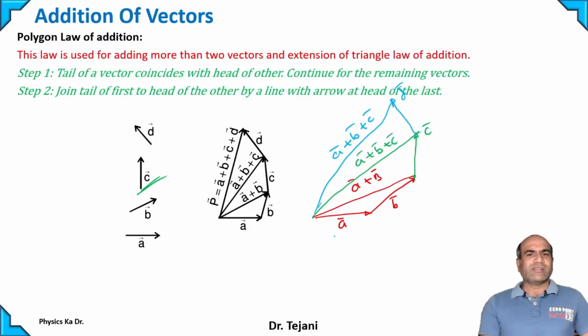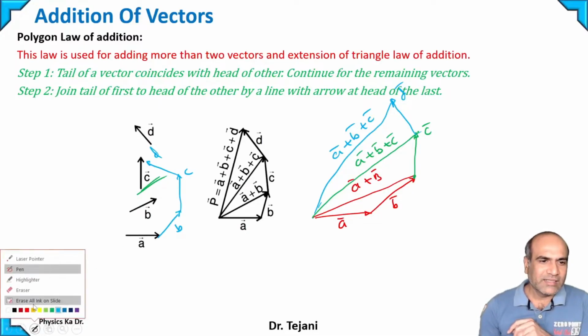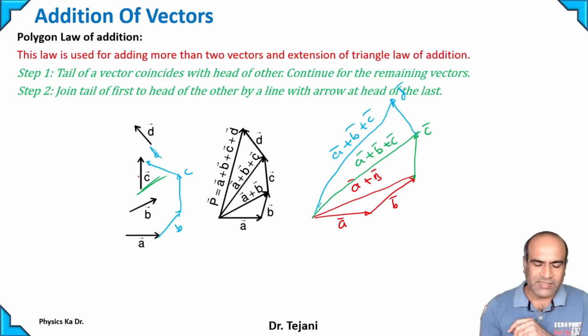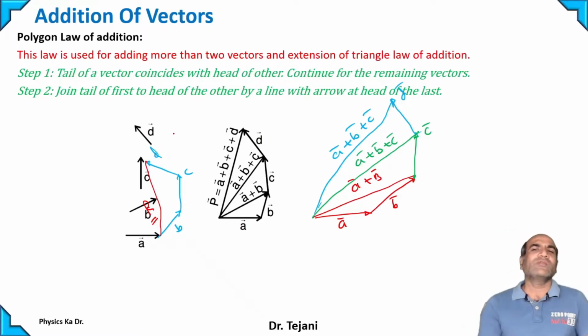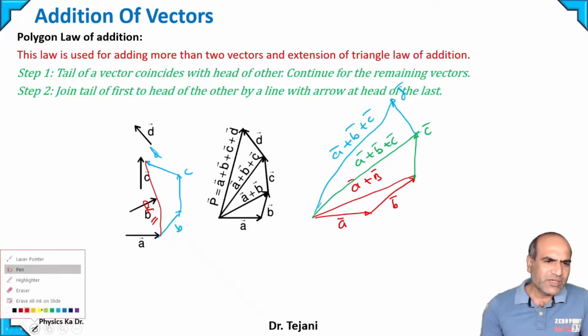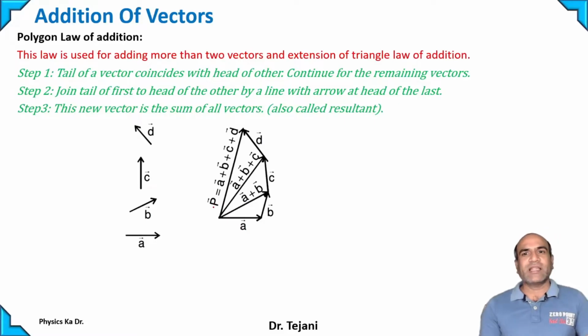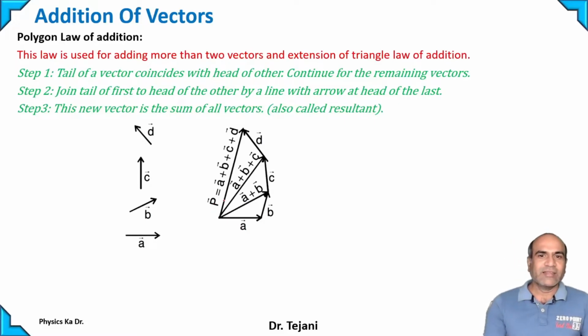You join A with B with C with D, and this last vector gives the final resultant of all the forces. Very simple. You should use the graphical method. This is a very simple method, and the last vector gives us the resultant vector.